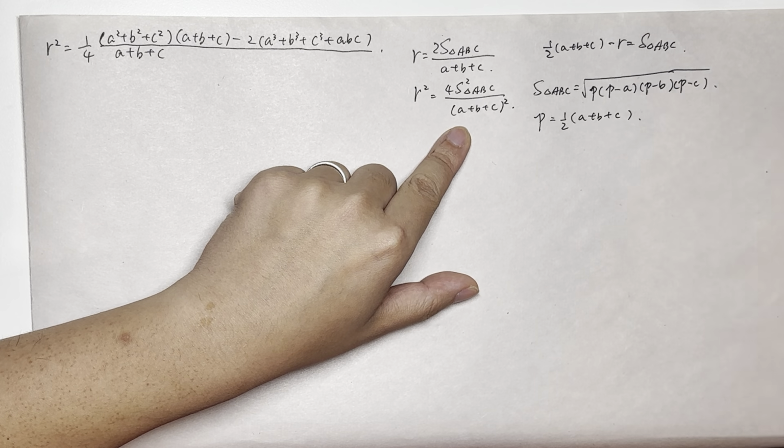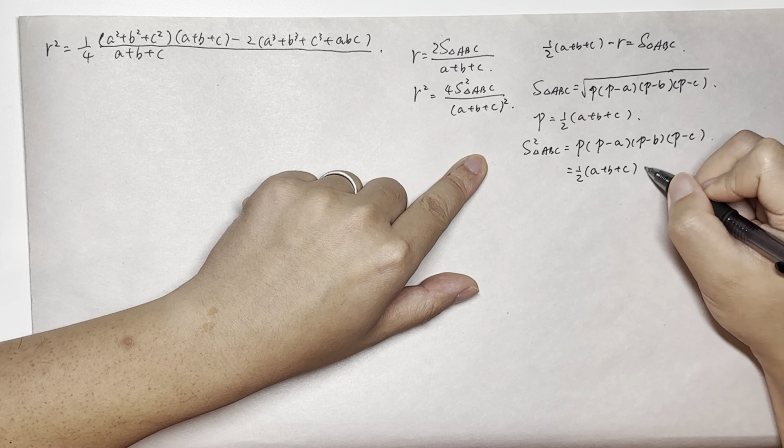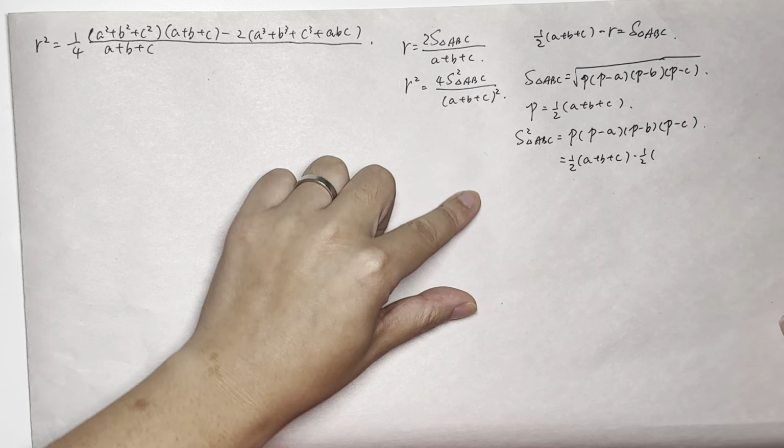That means the area squared of ABC equals p times (p minus a) times (p minus b) times (p minus c), which equals half (a plus b plus c) times half (a plus b minus c), half (a minus b plus c), half (minus a plus b plus c), right?